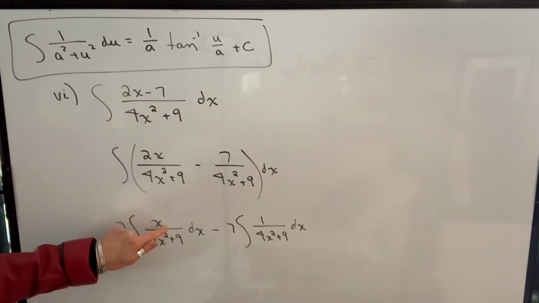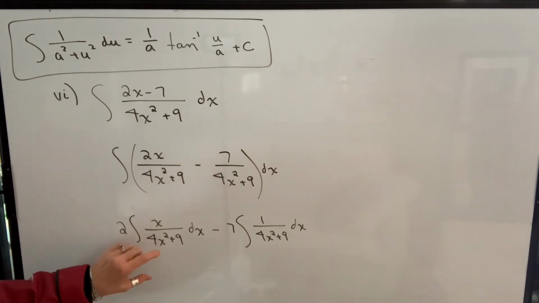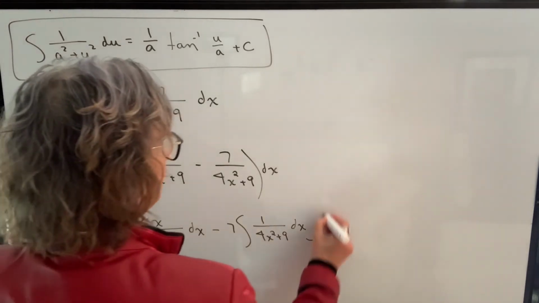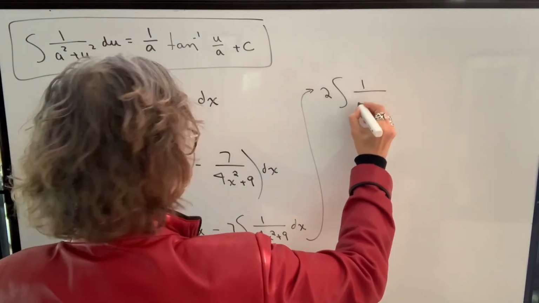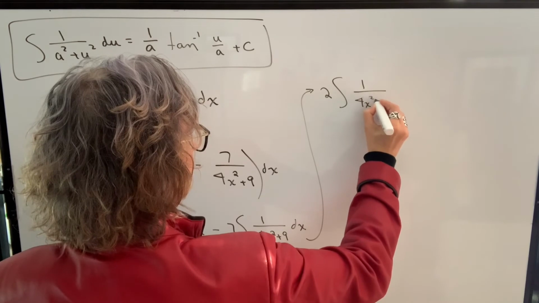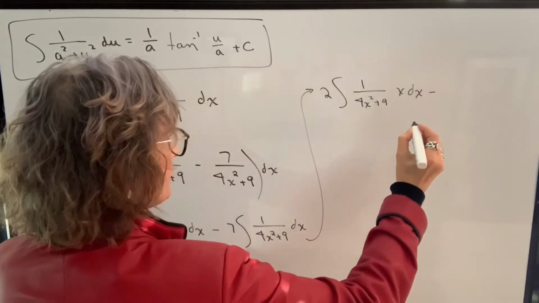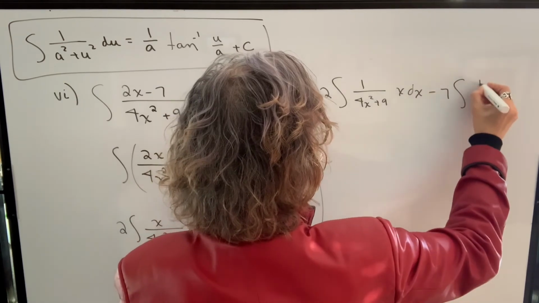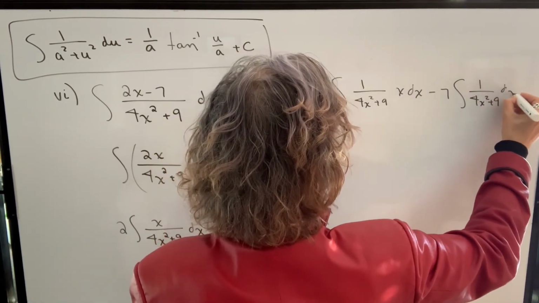Because I have a factor of x here, this is actually going to follow my basic log form. So what I'm going to do is write that as 2 times the integral of 1 over 4x squared plus 9 x dx minus 7 times the integral of 1 over 4x squared plus 9 dx.